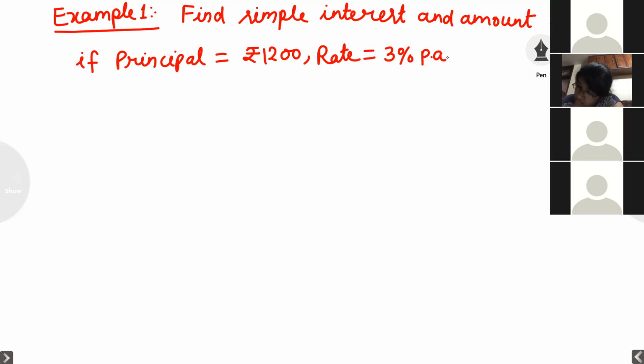What is PA? Not personal assistant, that is per annum. PA means per annum. Rate is equal to 3% per annum. And time is equal to 4 years. Very simple question.